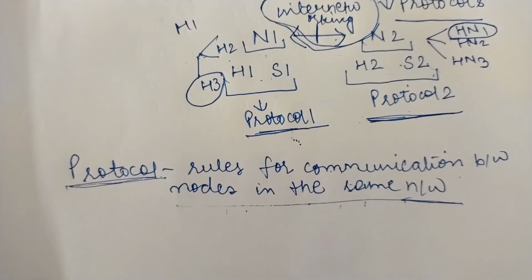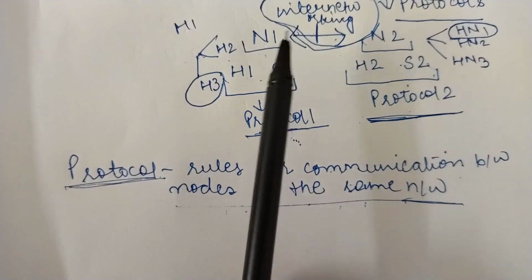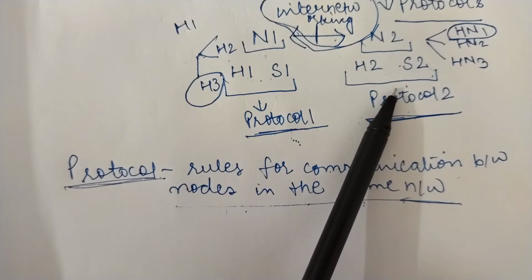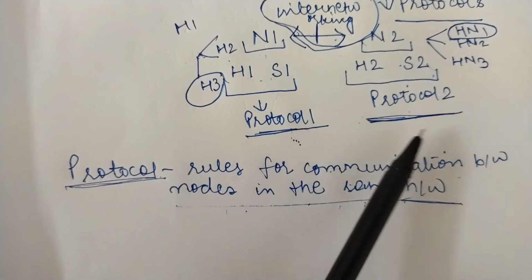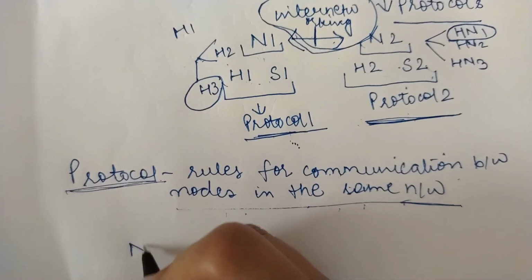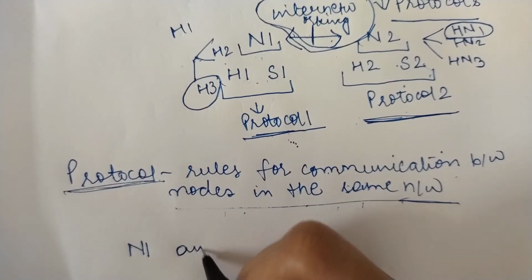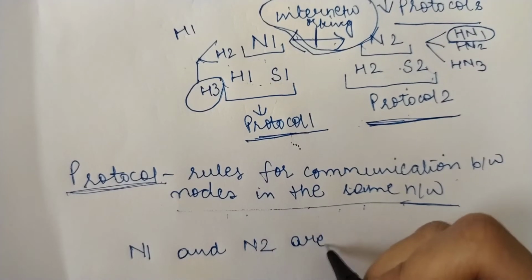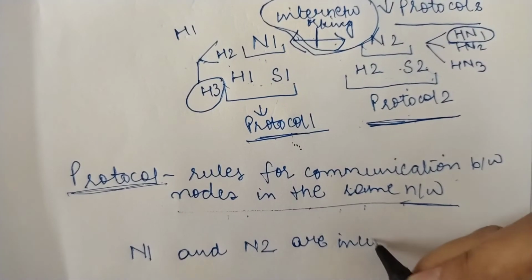Now if this is network 1 and this is network 2, and they have different hardware and software configurations, and hence different protocol sets, I can say that N1 and N2 are incompatible networks.